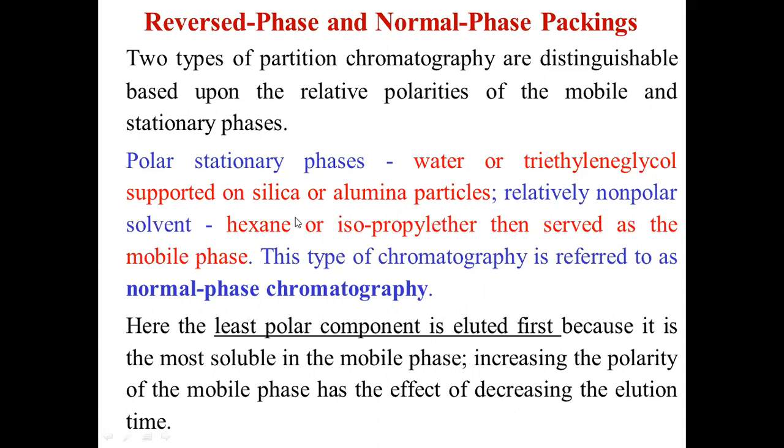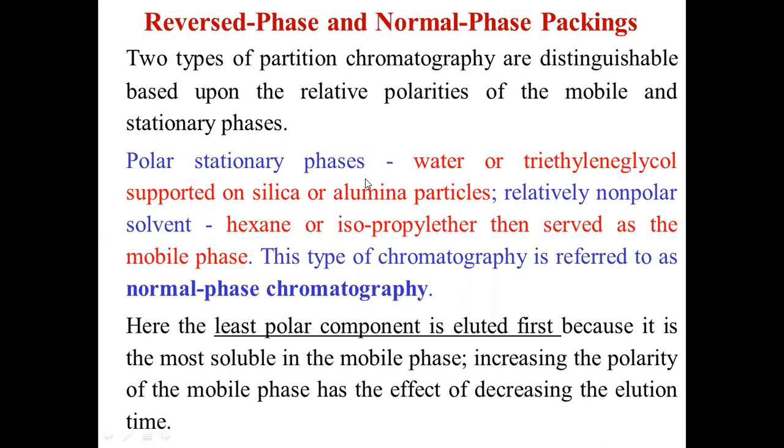Water or triethylene glycol is immobilized into the interstices of either silica or alumina. Alumina is the supporting medium, and silica is also a supporting medium, where water or triethylene glycol acts like a stationary phase. Because these two substances are liquids, this stationary phase is called a liquid stationary phase.